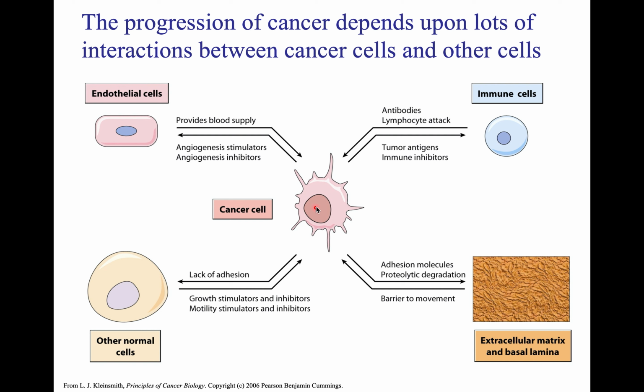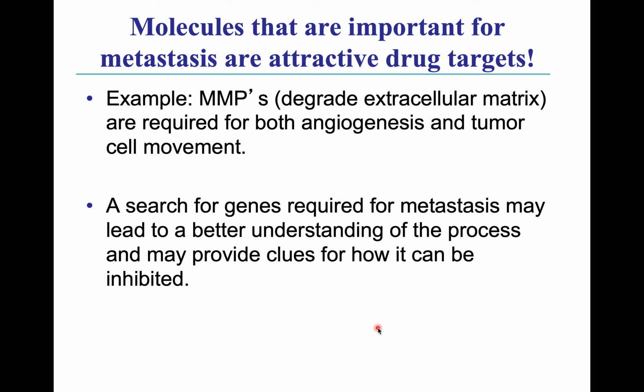Interaction with other normal cells in the tissues wherever those cancer cells happen to be growing. And then you also have interaction with the molecules and proteins in the extracellular matrix and those molecules and cells making up the basal lamina as well. So it gets quite complex if you think of it in terms of big picture.